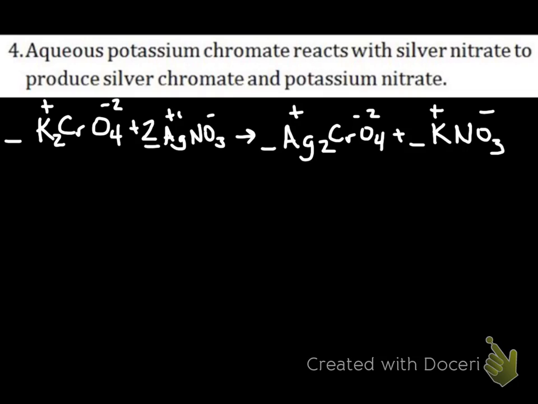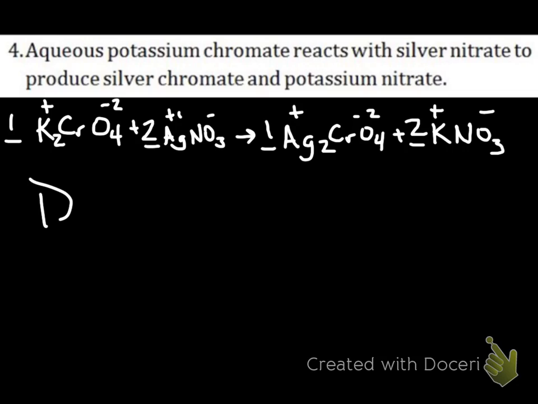That will give me 2 silvers and 2 nitrates. I only have 1 nitrate on the product side, so I need 2, so I will put a 2 there. That changes my potassiums to 2 also. I have 2 on the product, so this is the correct balanced equation.